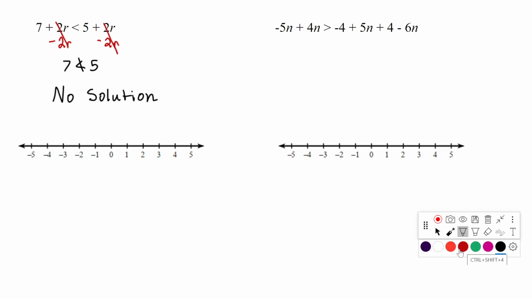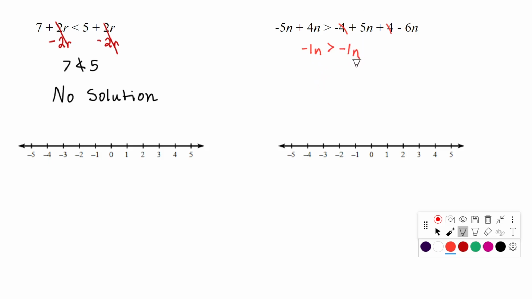When I look at the problem to the right, I can simplify each side. So negative 5n plus 4n is negative 1n, greater than negative 4 plus 4, well, that's going to cancel out, and we have 5n minus 6n is negative 1n.